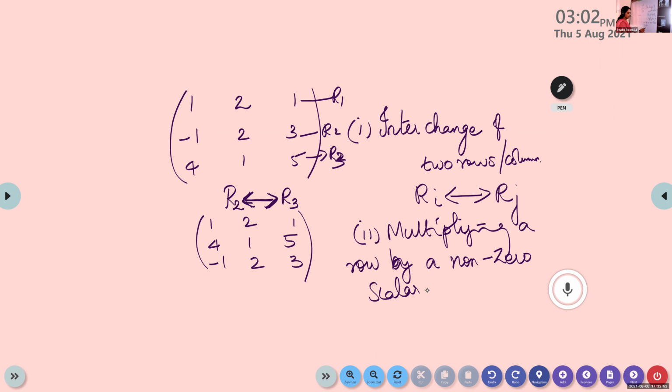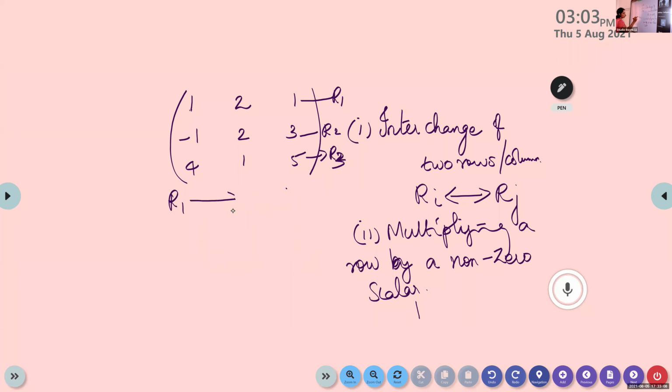For example, look at the same matrix here. Here I'm having 1, and suppose I want to make it 4. What can we do? We can multiply the first row by 4: R1 becomes R1 into 4. So the first row changes, and when you multiply the first row by 4, we get 4, 8, 12.